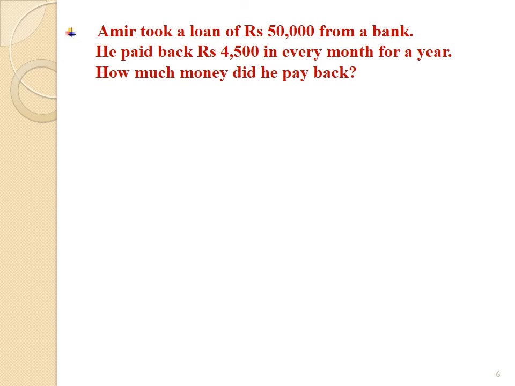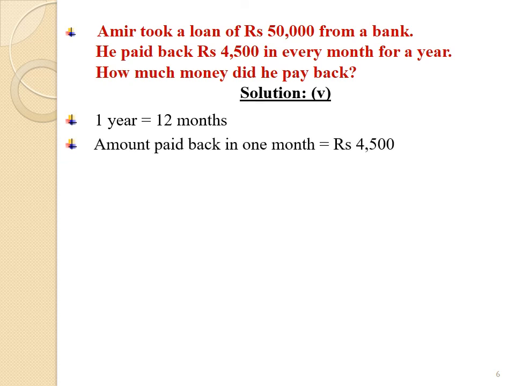First of all, converting a year into months and writing the necessary details which are given to us. 1 year equals 12 months. Amount paid back in 1 month, which is given, is rupees 4,500.